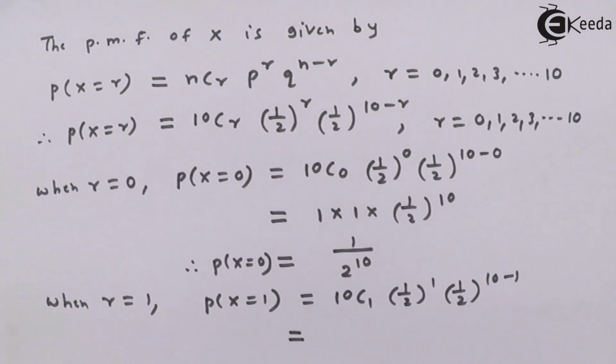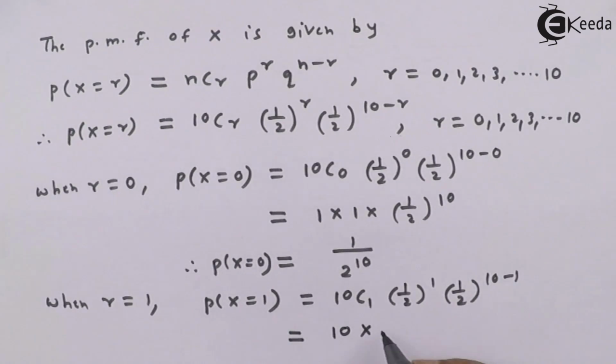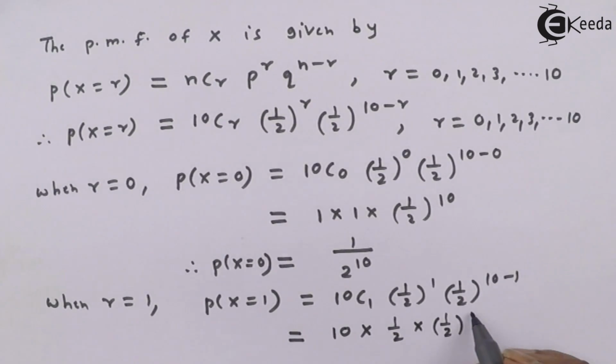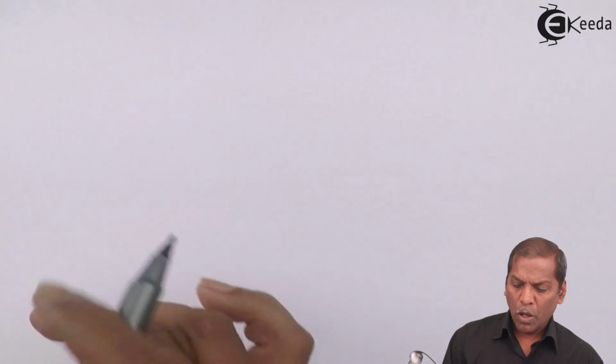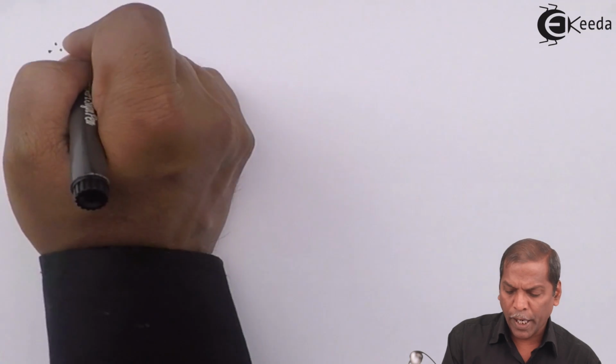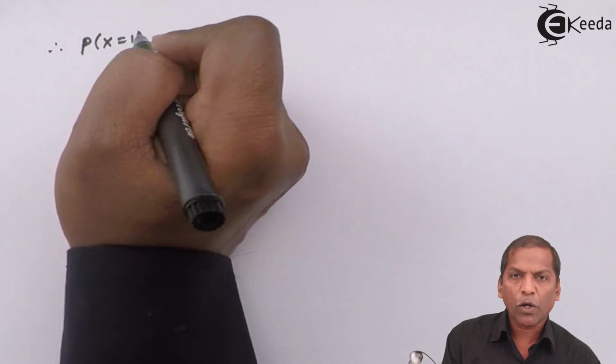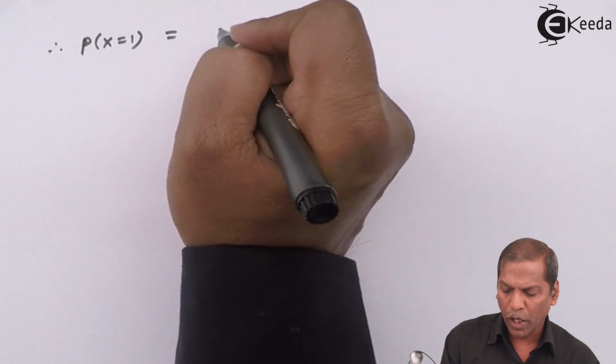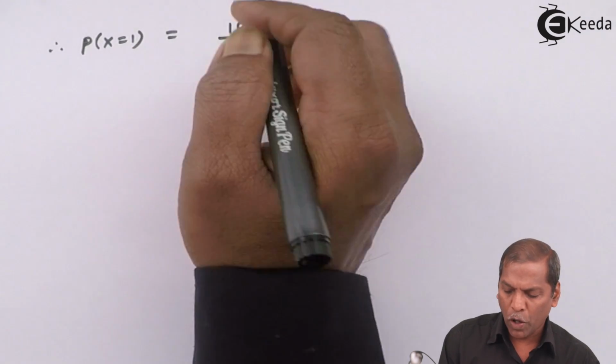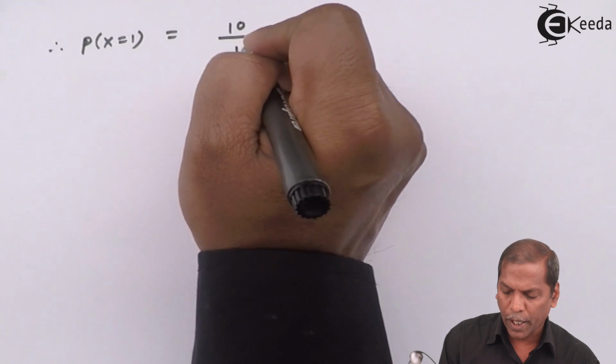Now 10C1 gives us 10 into 1 by 2 into 1 by 2 whole bracket raise 9. So in this way we get probability of x equal to 1 is equal to 10 upon 2 raise 10.